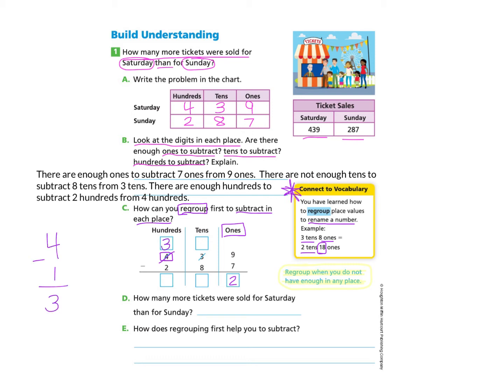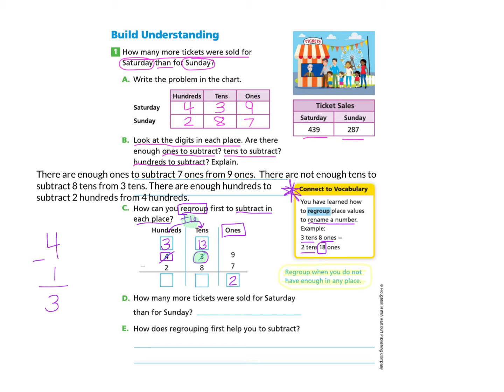So now I will have 3 hundreds, and I'm going to take that group of tens, that 10, I'm adding 10, but I'm not just adding it by itself. There were 3 tens here before. So it's really saying here's 10 tens from the 100, and we already have 3. So we are going to create a new number. We're going to combine those place values and we're going to make 13.